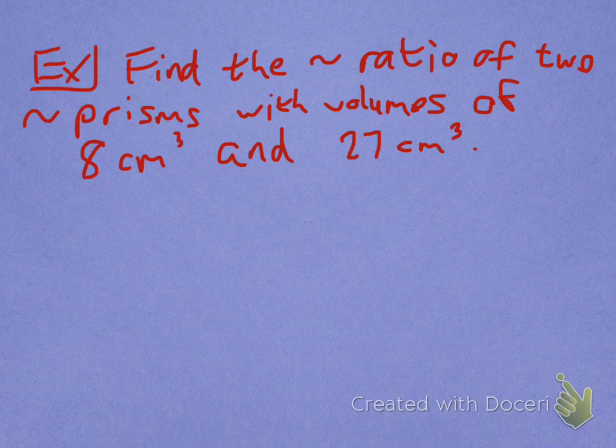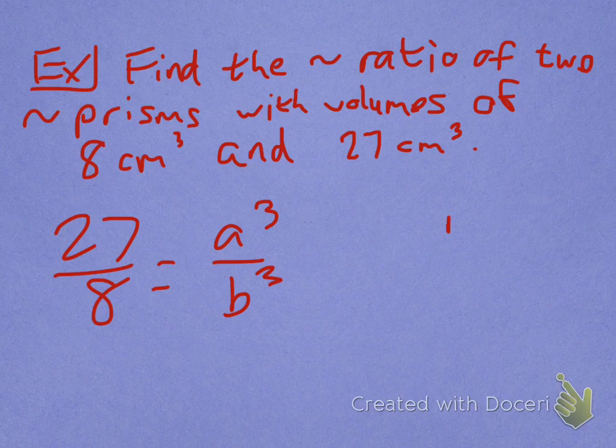Find the similarity ratio of two similar prisms with volumes of 8 centimeters cubed and 27 centimeters cubed. So, the ratio of their volumes we'll write as 27 over 8, which again is just the volume, the r cubed, let's put a cubed, over b cubed, where the similarity ratio r is just a over b.